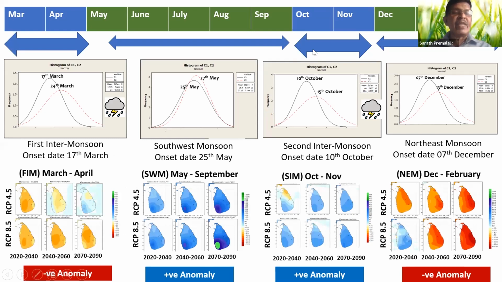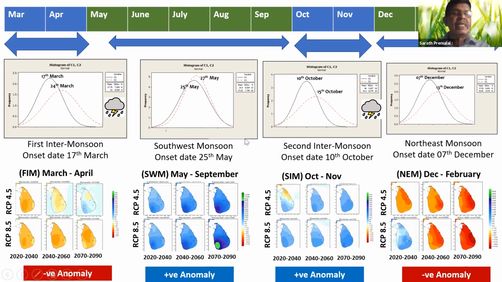Actually, for the way forward, I would like to explain this on top of the extreme rainfall and change of rainfall pattern. What we observe is the change of monsoon season. The first winter monsoon, where the first agriculture season starts, is just shifted towards the end of March. Even now we are experiencing that.